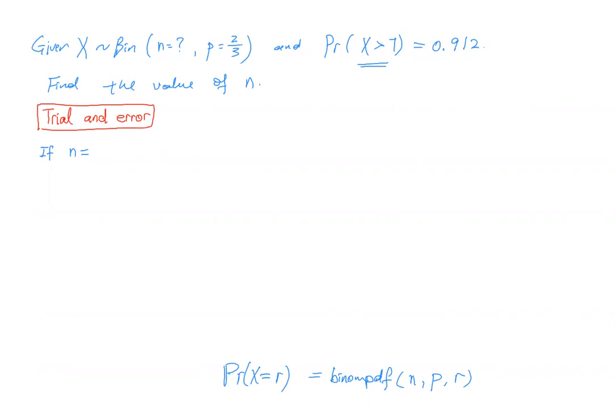If you give me 5, look at this number. Is 5 a good guess? Definitely no, correct? So you have to observe what is given to you here. My value of n at least must be more than 7.